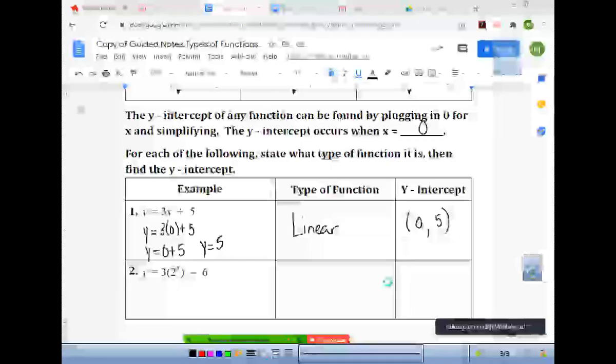Okay, let's look at number 2. Linear, quadratic, or exponential? It's 3 parentheses 2 to the x minus 6. Exponential, right. Because the x is the exponent, that makes it exponential.